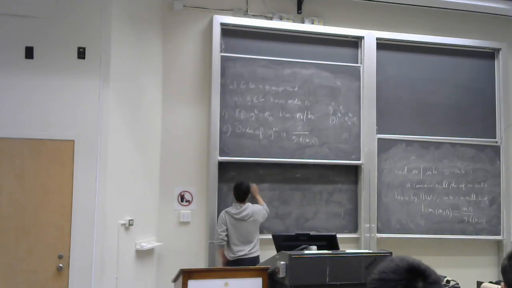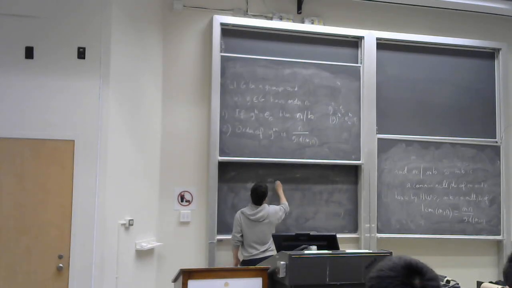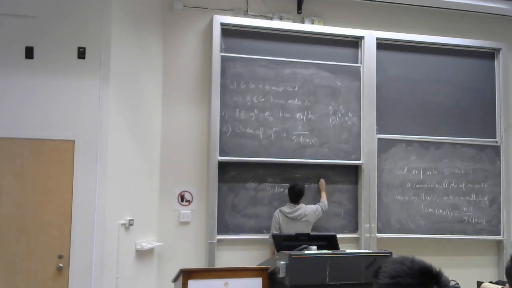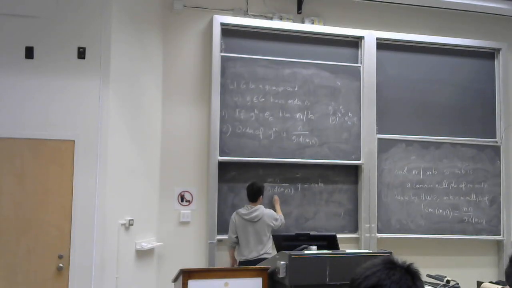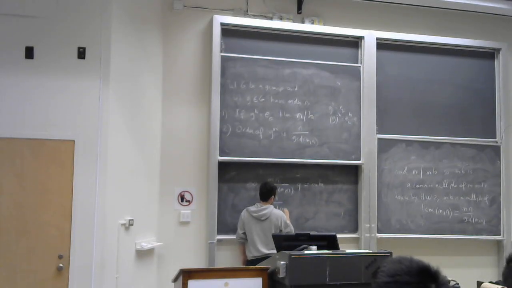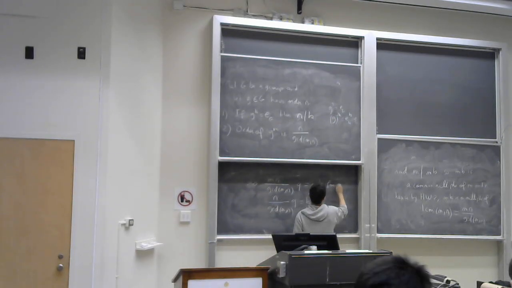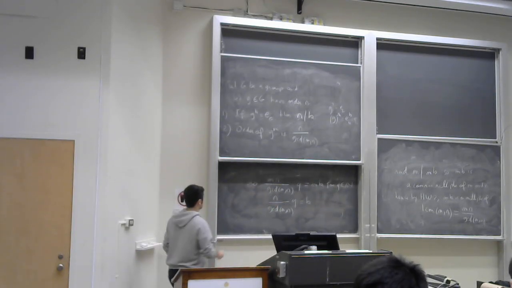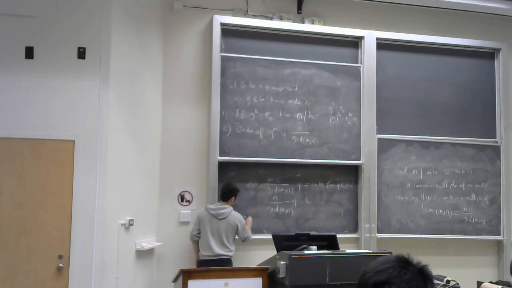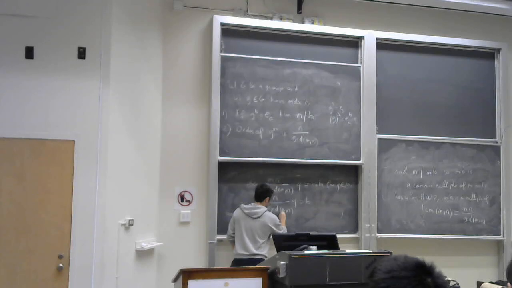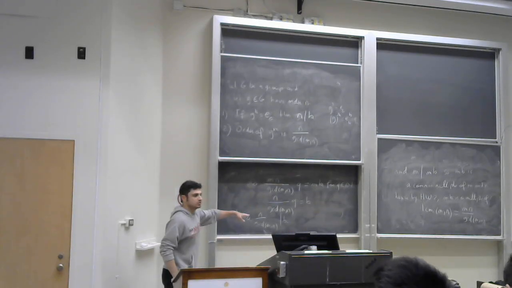So m times q is equal to mk, and hence n over GCD(m, n) times q is equal to k for some q in N. These are all strictly positive integers, right?